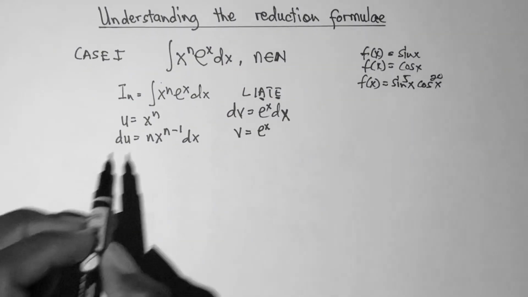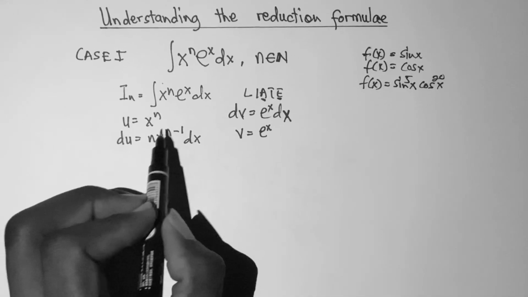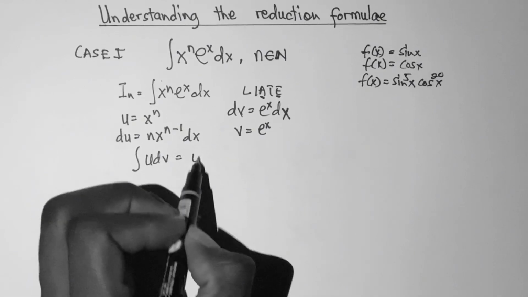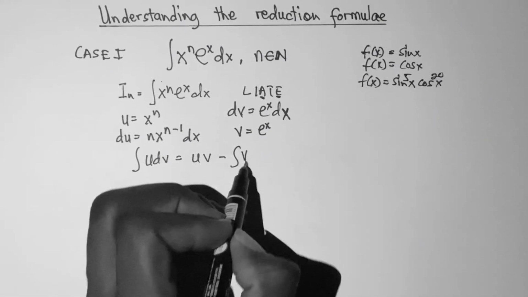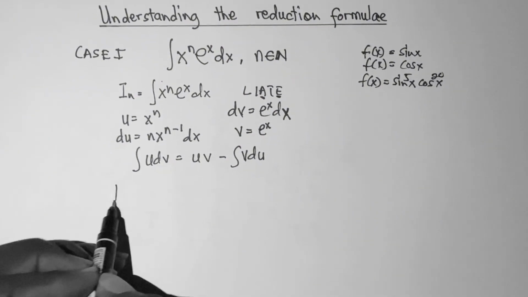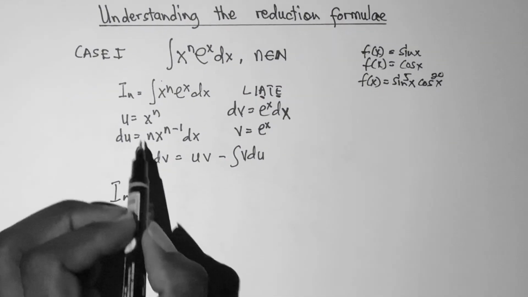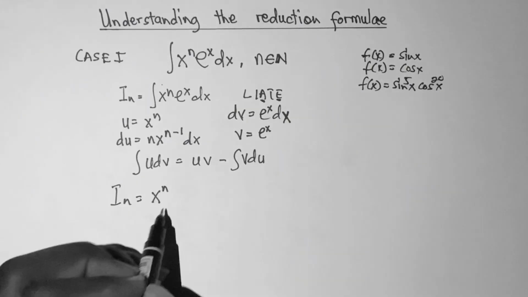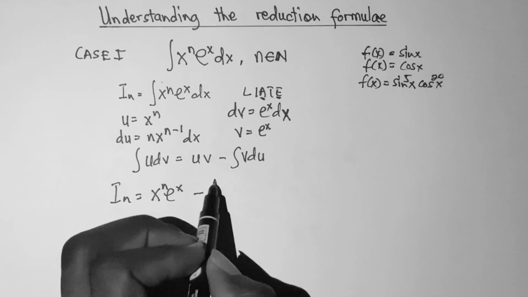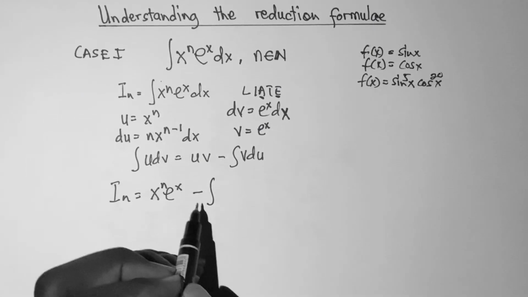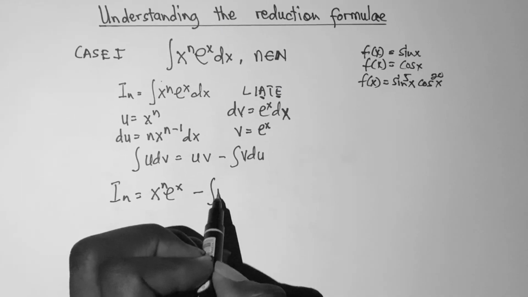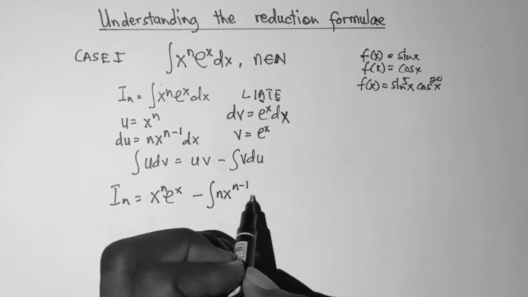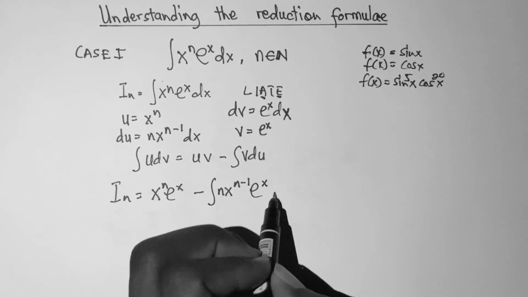So using the formula for integration by parts, which is the integral of u dv equals uv minus the integral of v du, I of n is equal to u, which is x exponent n, times v, which is exponent x, then minus the integral of v, which is exponent x, times du, which is n x exponent n minus 1, dx.